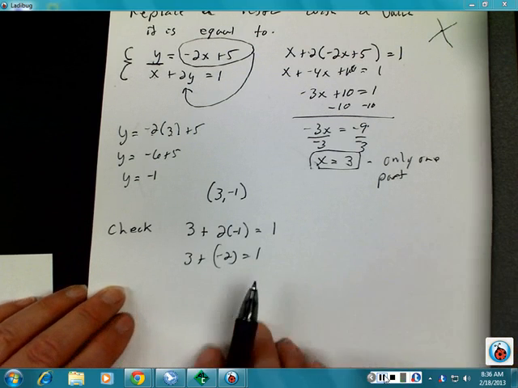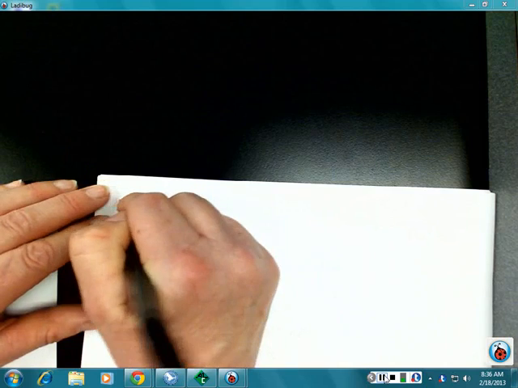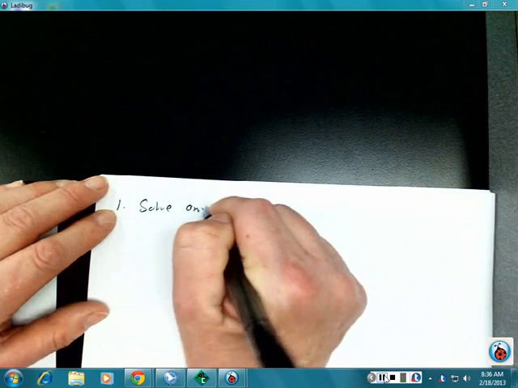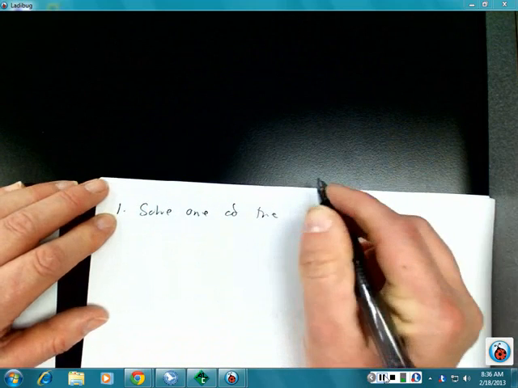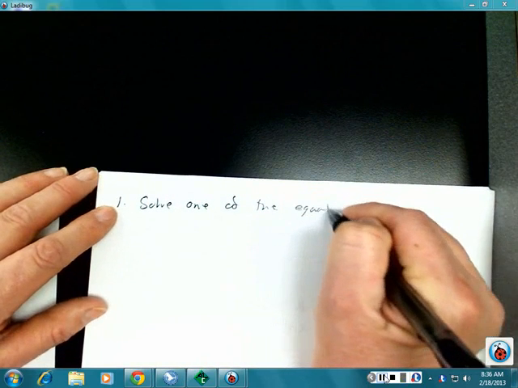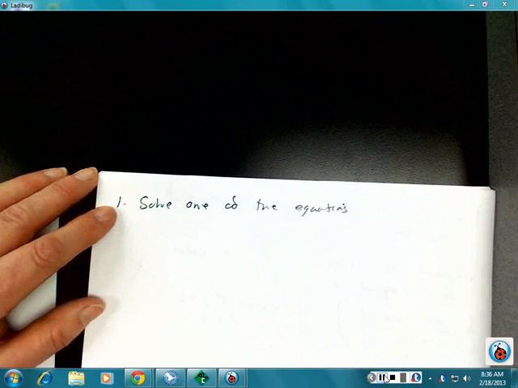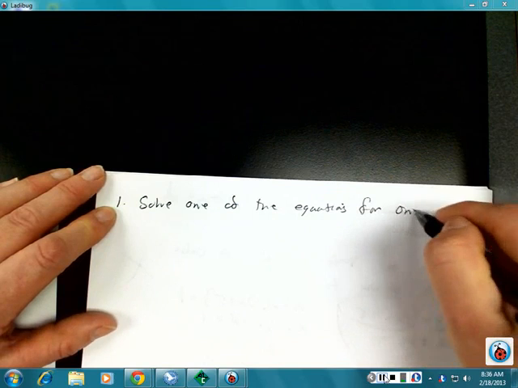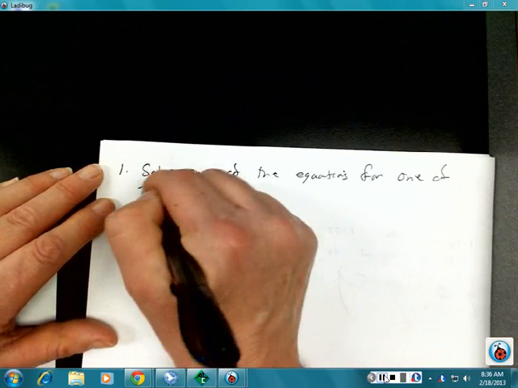Okay. Now, within substitution, as within all of the other parts there, we of course got our steps that we need to go through, so I probably better give you those. So first step is solve one of the equations for one of the variables.